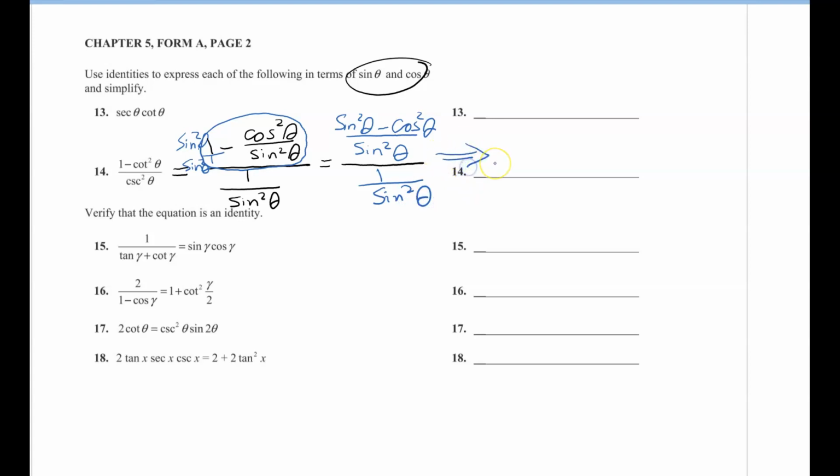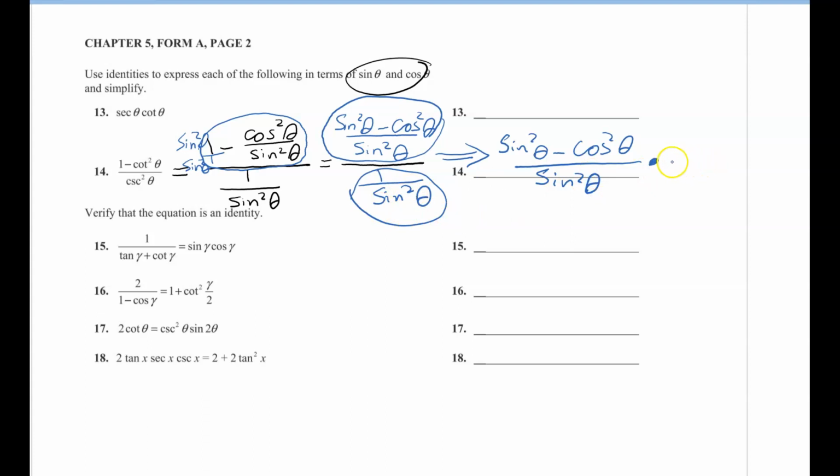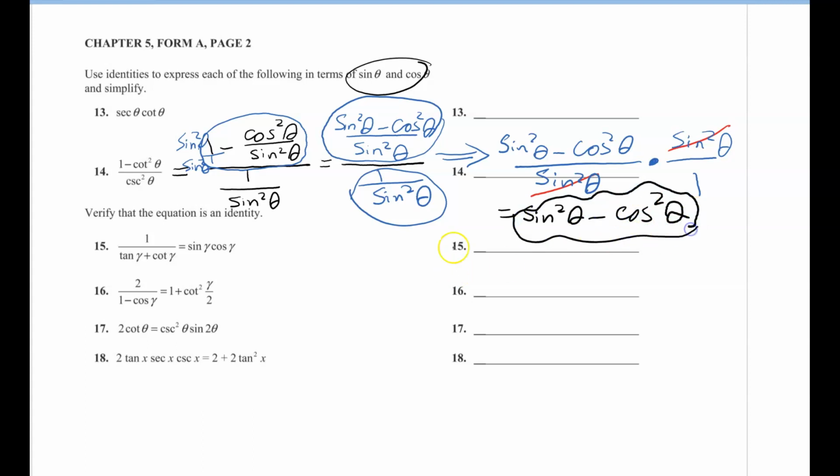To cancel and simplify the complex fraction, numerator divided by denominator is the same thing as the numerator multiplied by the reciprocal of the denominator. So that's why you have sine squared minus cosine squared left.